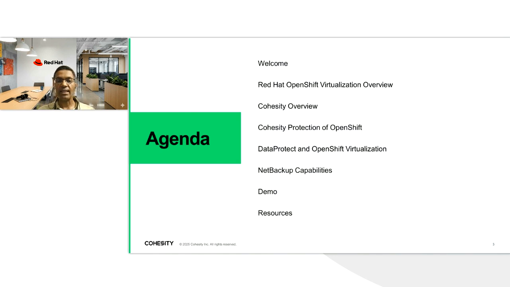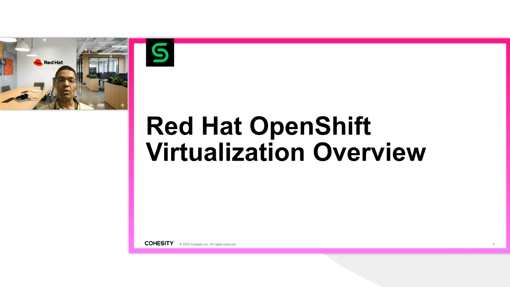Within Cohesity, we have two separate offerings around DataProtect and NetBackup. We'll take a closer look at what each of those adds to OpenShift. Then we'll do a demo of NetBackup's capabilities in this area, and finally talk about the resources that are available to you.